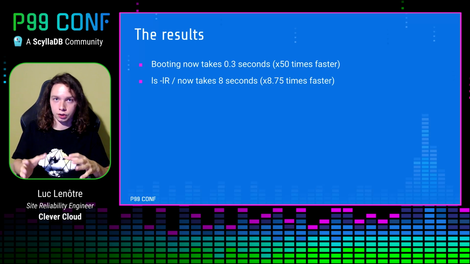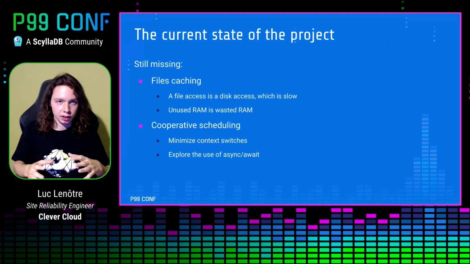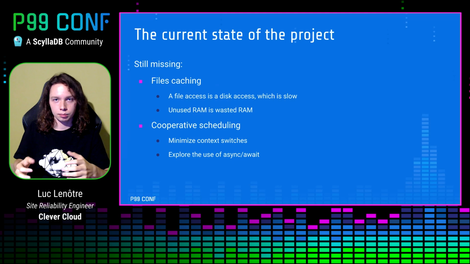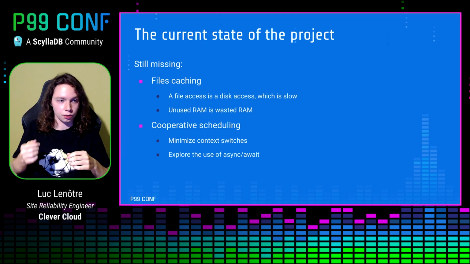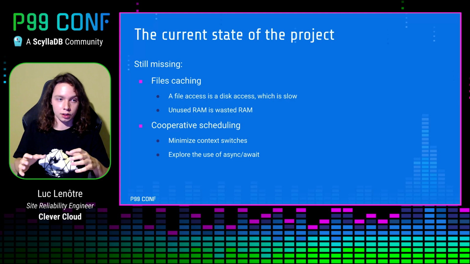And I can actually talk a bit about it. So currently, every access to a file on the system is making an access to the disk. So we need to find a solution for that, and the usual solution is to use caching, of course.